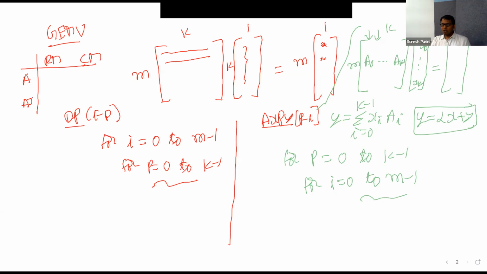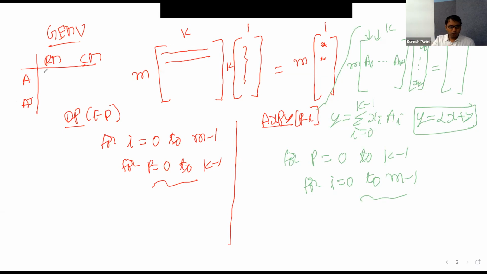This is a GEMV problem, and if you are working on the matrix A with row major, the best formulation is the dot product formulation. The reason why the dot product formulation is good is that when you are accessing the row vectors, it has good locality properties.